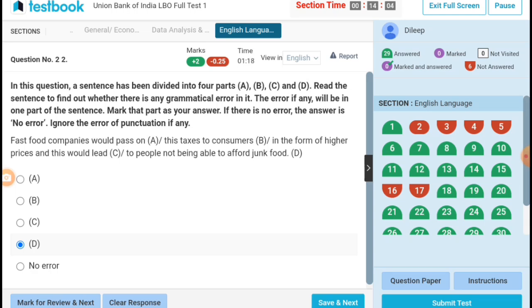So fast food companies pass on, not this. I think it is this.